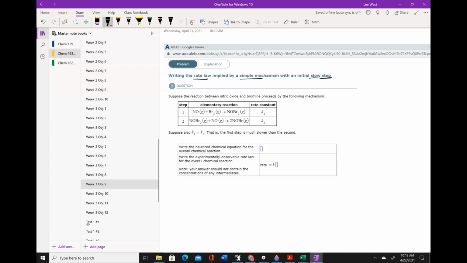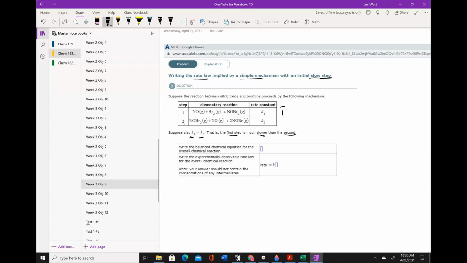So suppose the reaction between nitric oxide and bromine proceeds by the following mechanism. So there's two elementary reactions with their own rate constants. And then here's the information that you need. It says suppose also k1 is a lot less than k2. That is, the first step is much slower than the second.